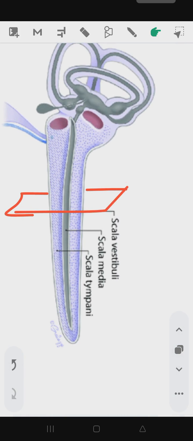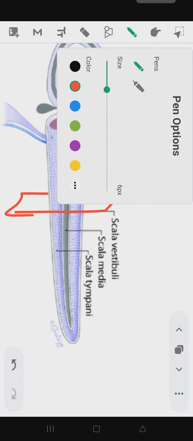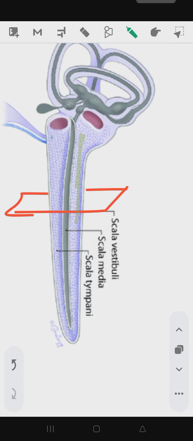Now first of all, let me tell you, the oval window gives rise to a lymph area. This area from here to here, let me highlight in green so that it becomes easier for you to understand. This area is known as the scala vestibuli.